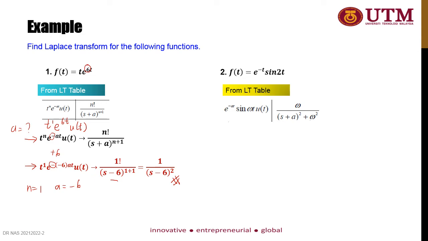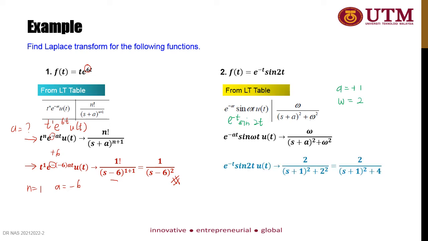In this case, you know that your a is equal to positive 1 and your omega equal to 2. So you can simply replace all parameters by the values you have, and now you have F(s) equal to this.